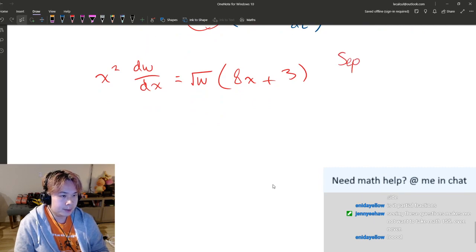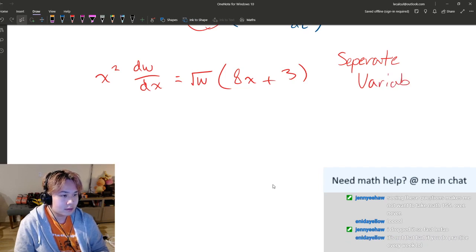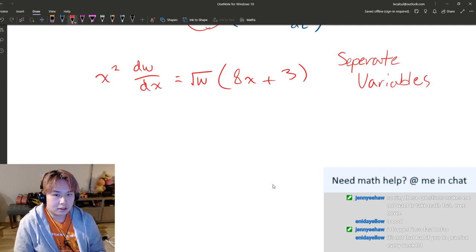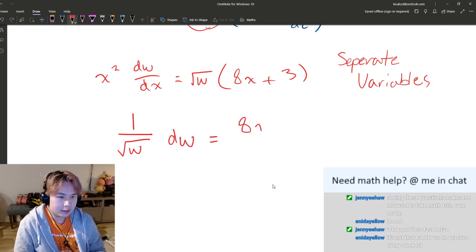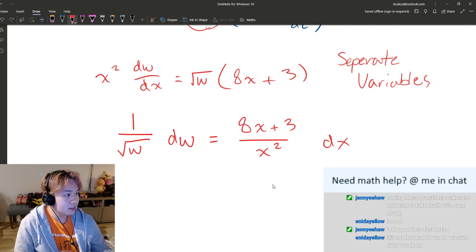Okay, separate variables. Oh, you dropped it. Okay, so if we separate variables, then what happens is if I divide the root w over this side, and then on the other side, I divide the x squared, and then multiply the dx over like this.